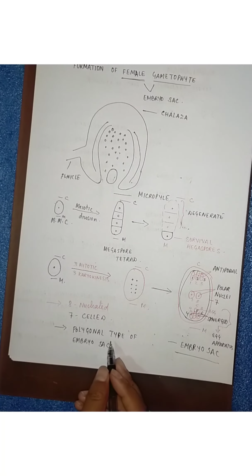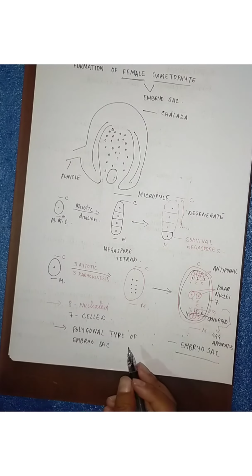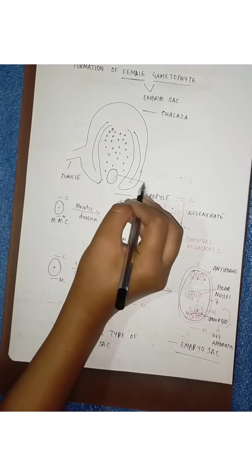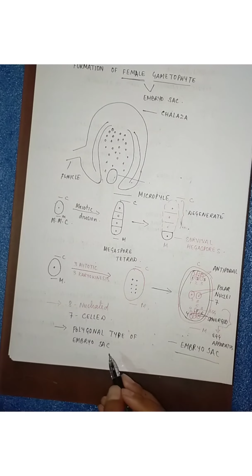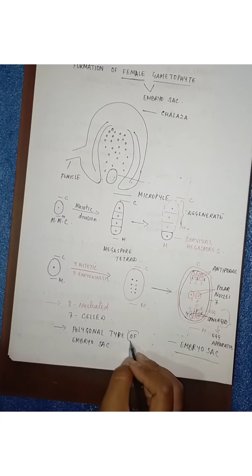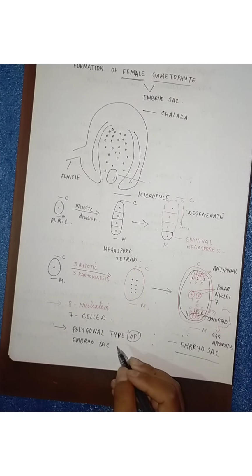A polygonum type of embryo sac is very common in angiosperms, and it is developed from a monosporic, that is from one megaspore, and it is 8 nucleated and 7 celled. This embryo sac is known as the polygonum type.